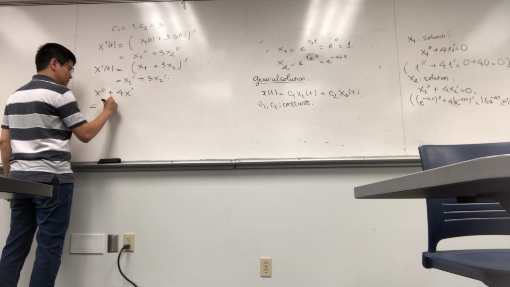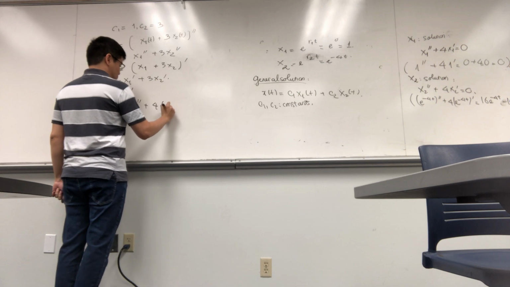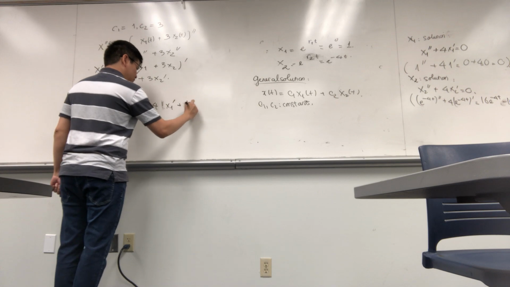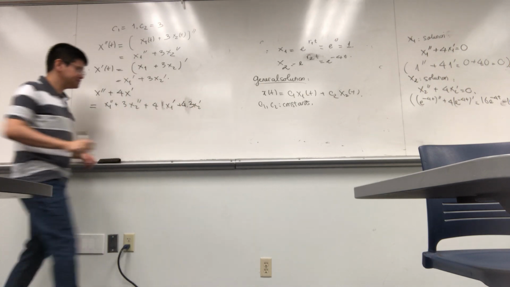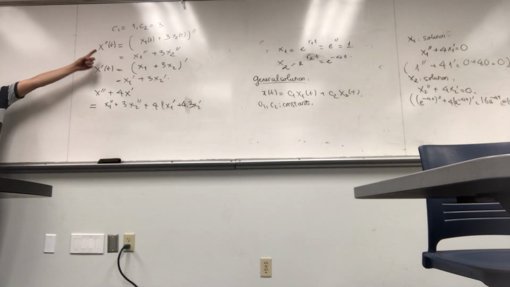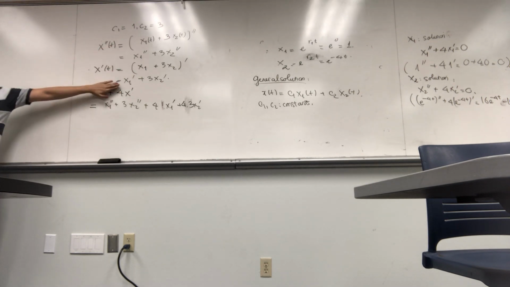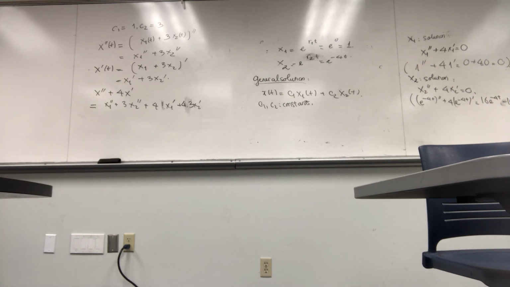So this is x1 second plus 3x2 second plus 4 times x1 prime plus 12 x2 prime. Basically, I add on 4 times 3x2 prime. I take the first expression that I have here plus 4 times this guy, right? And what is the value of this? 0, because both of them are 0.